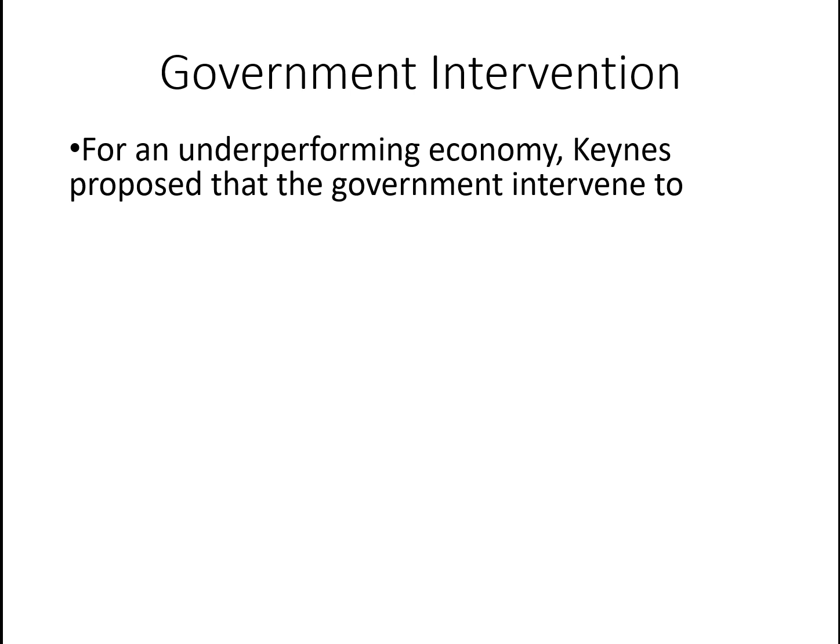So first of all, let's talk about the government intervention Keynes proposed when the economy is not working well. We call it underperforming. Just like 1929 to 1933, manufacturers were producing products, but they could not sell them at a price that covered the costs.